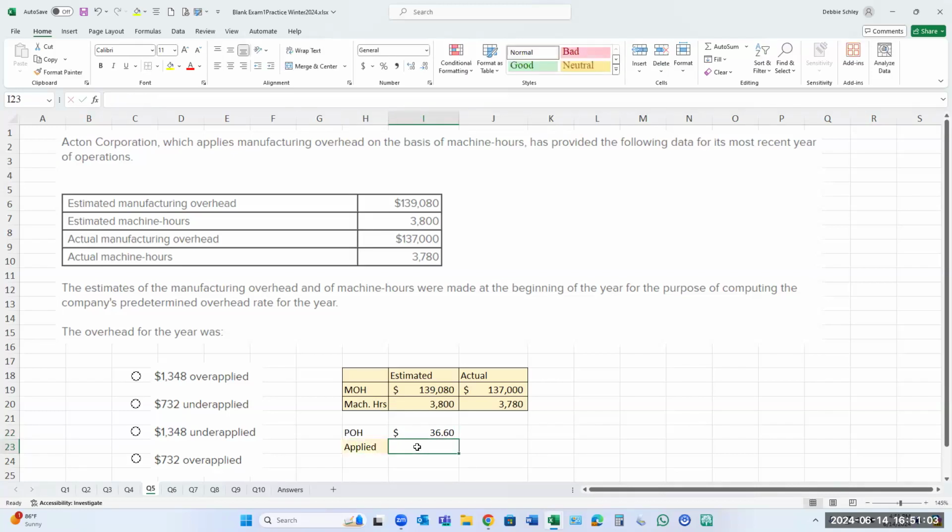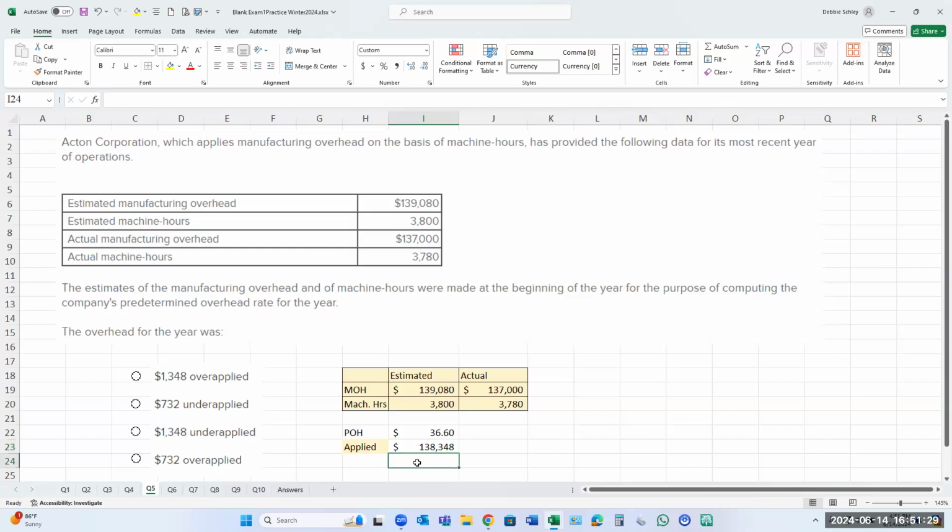I need to get my applied overhead. That is going to be done by taking the predetermined overhead rate times the actual hours. So that's how I get applied. Now that I know applied, I can figure out whether it was over or under applied.